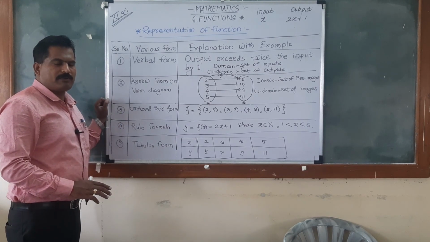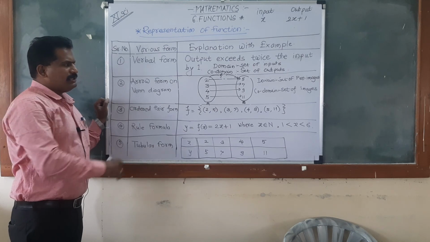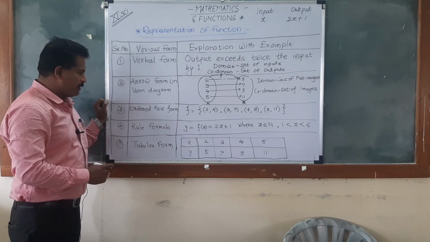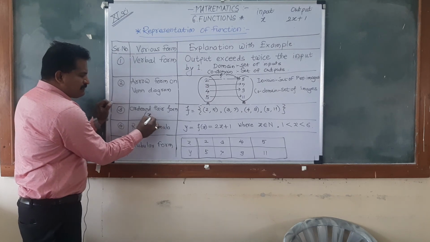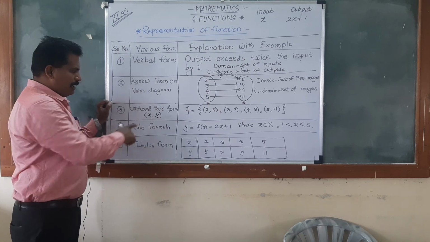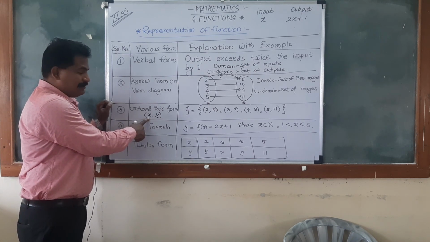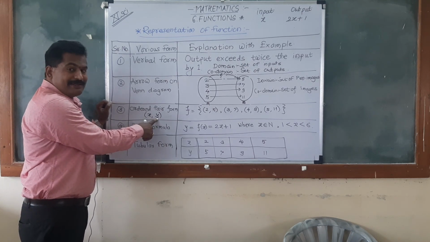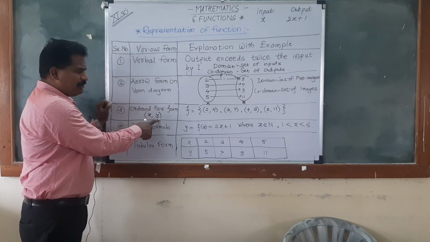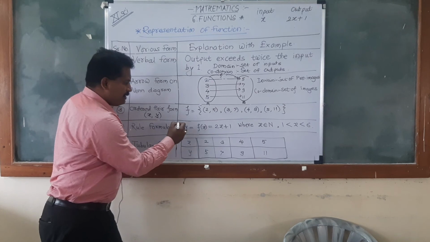Now the third representation is ordered pair form, in which the mapping is represented by an ordered pair in the form (x, y). x is the element in the domain and y is the element in the codomain. x is the first component, y is the second component.